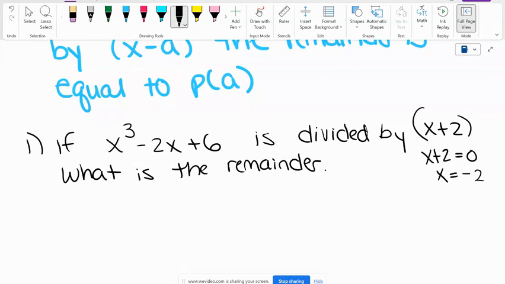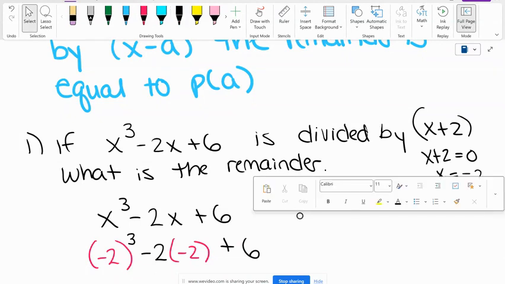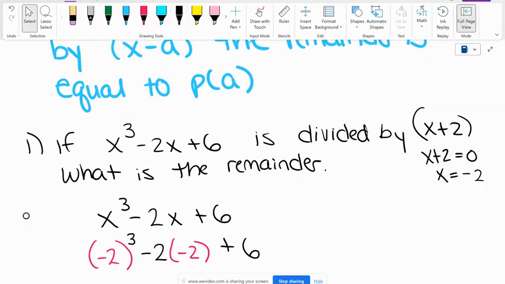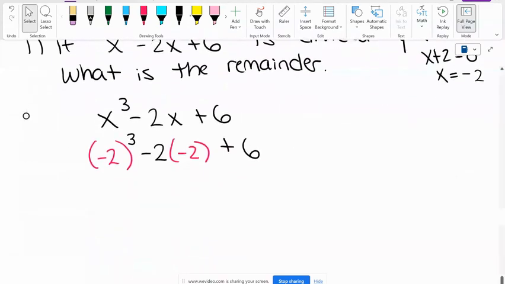So I'm going to take x cubed minus 2x plus 6, and now I'm going to sub in the negative 2. So we are negative 2 cubed minus 2 times negative 2 plus 6. Whatever we simplify down to, that is the remainder, which is pretty cool. So negative 2 to the third power, isn't that negative 8?